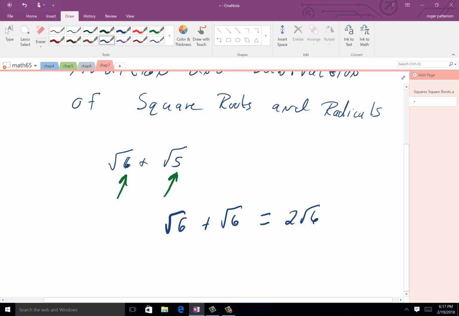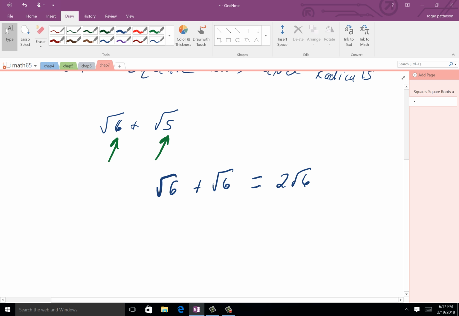So let's just do some more here. So let's say we have 7 square roots of 3 plus 4 square roots of 3.